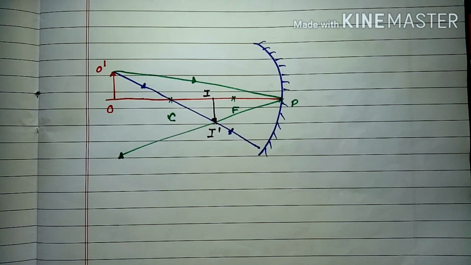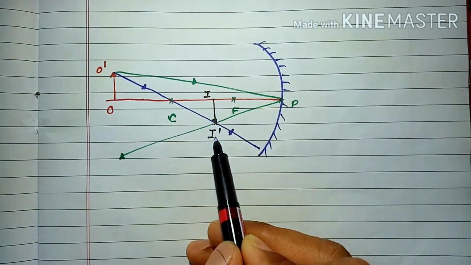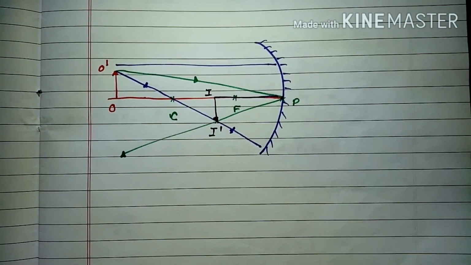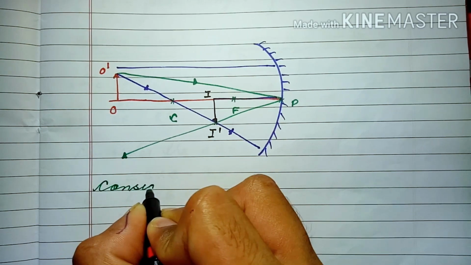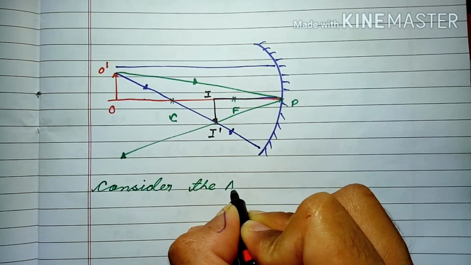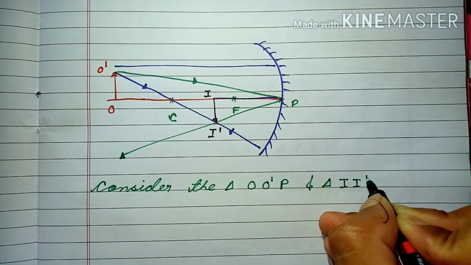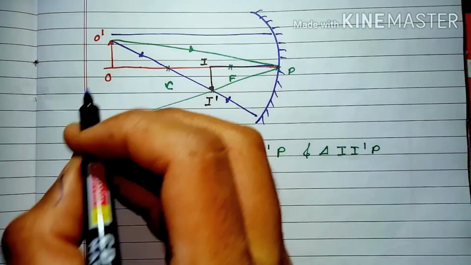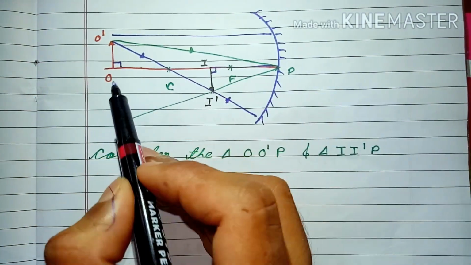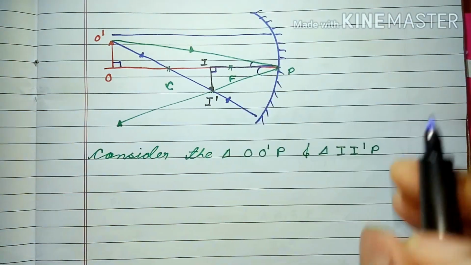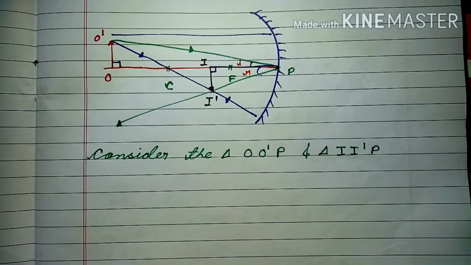Now student, we have to show that this triangle O dash P is similar to this triangle I dash P. So consider the triangle O dash P and triangle I dash P. Here we can see this angle is equal to this angle because these are 90 degree, and this angle is equal to this because the angle of incidence is always equal to the angle of reflection from the laws of reflection.